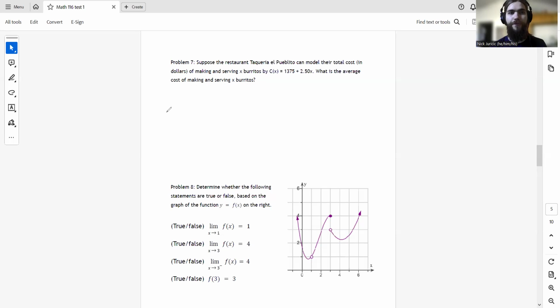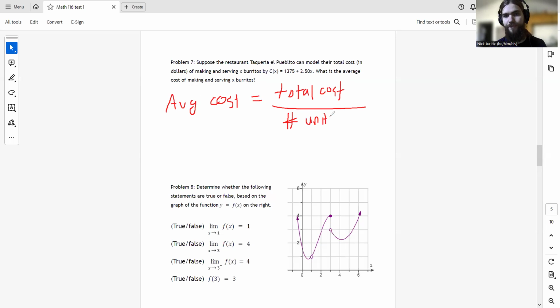Something to know, first of all, is that the average cost in general of however many things you make is always going to be the total cost divided by the number of units produced. In this case, we're making burritos, right? So it's the total cost of however many burritos divided by that number of burritos.